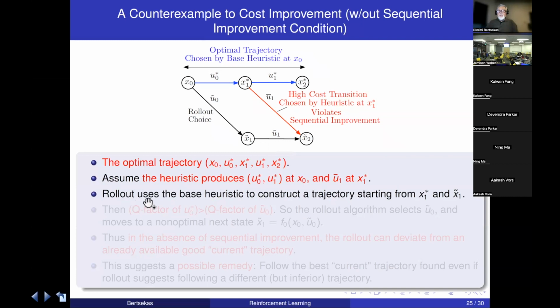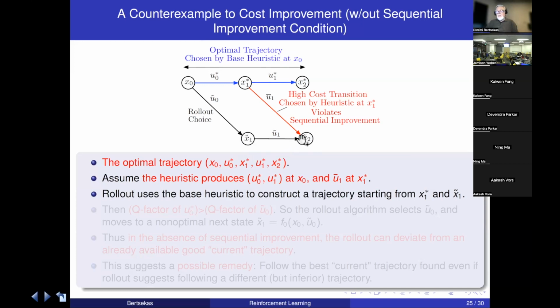Now let's look at rollout that uses the base heuristic that I've shown here to construct a trajectory starting from x0. What it does is it considers the two controls, this one and this one. At this point, it follows the base heuristic, which is this transition.